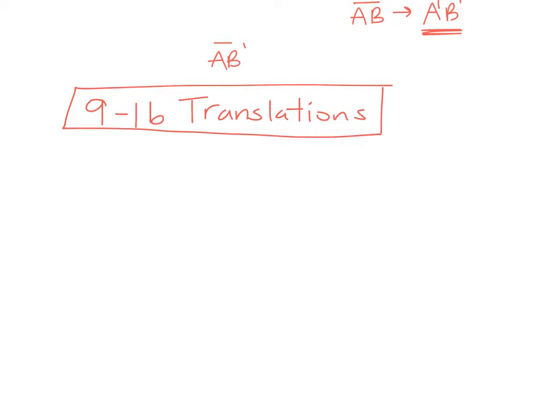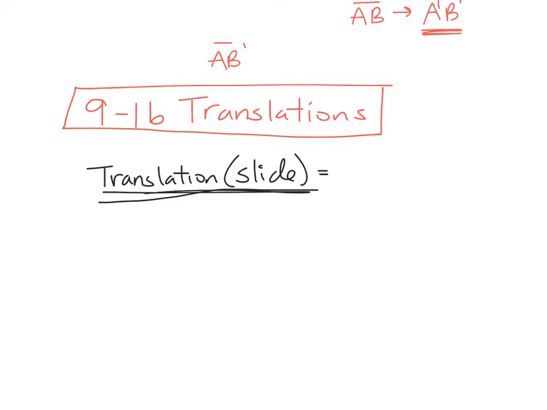So a translation, also known as a slide, will map all of your points onto your new figure the same distance. If you want a definition, you are welcome to write a definition down. I feel like it just makes more sense to draw pictures, so I'm going to draw a picture of this for you.